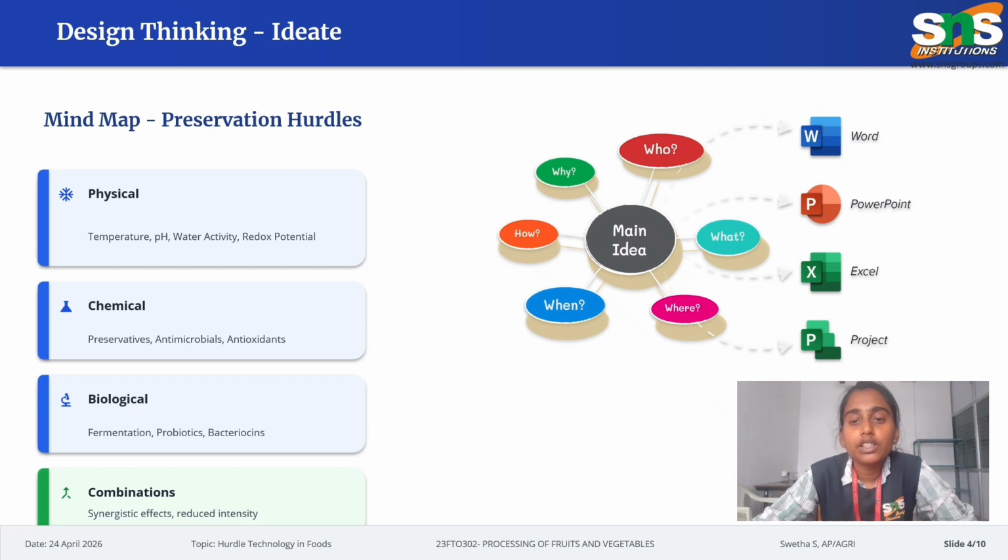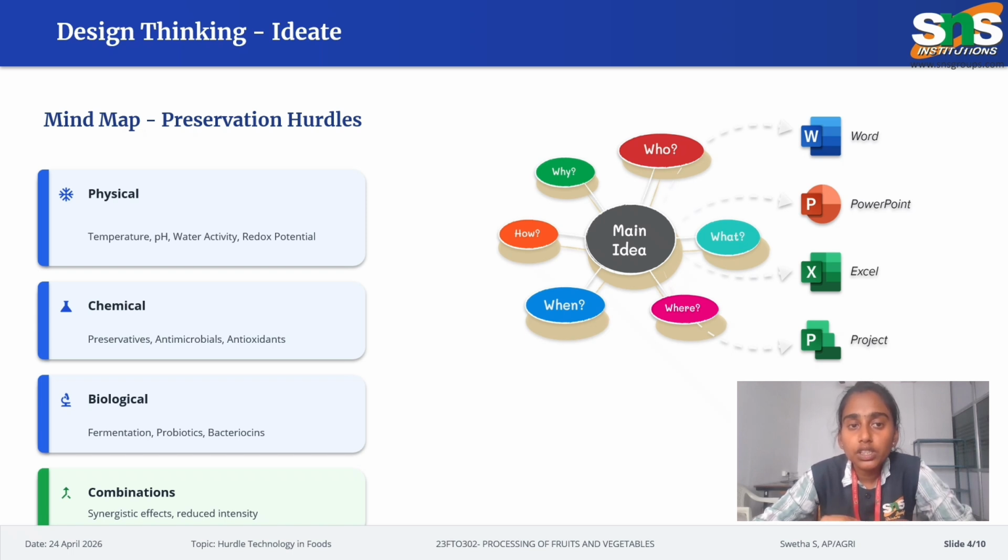What are the ideas? Generally, we have physical, chemical, biological, and combination hurdles. As I already mentioned, there are several types of physical hurdles like temperature, pH, water activity, redox potential, and RH. Water activity is abbreviated as WA.